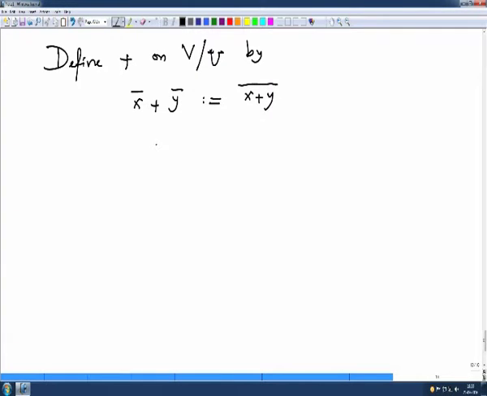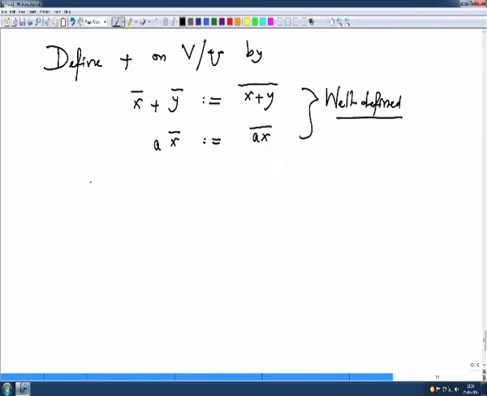And also you can define scalar multiplication: take any scalar a times x bar, define it to be, first take the scalar multiplication of a on this element x in V, and take the bar of that. And what we need to check is that these operations we defined are well defined. That means they do not depend on the representative class of x bar and y bar.